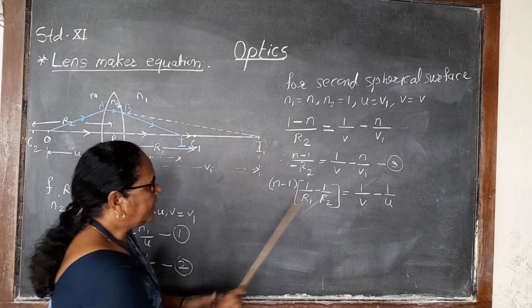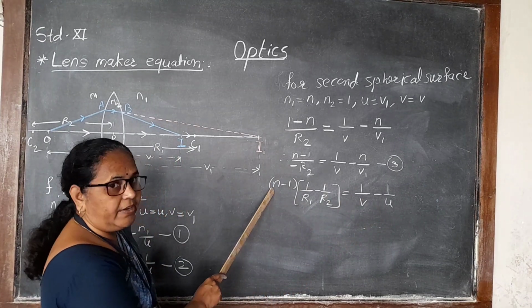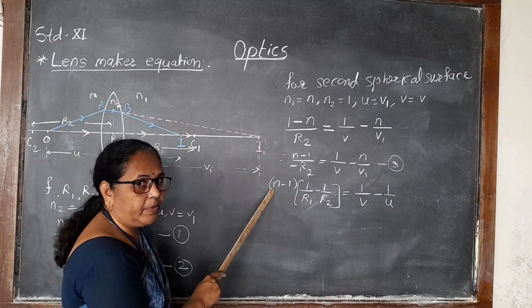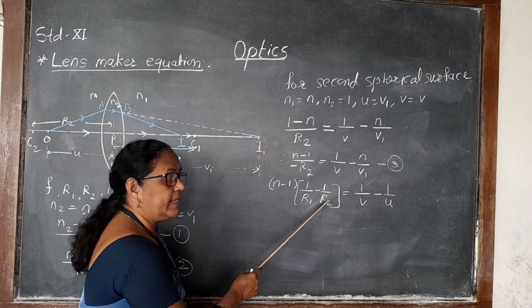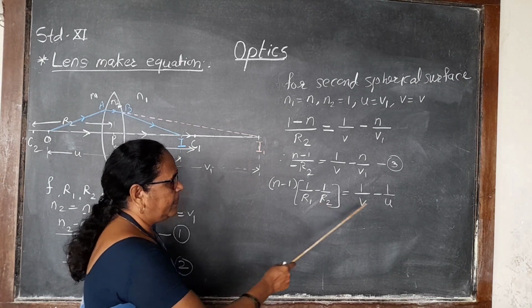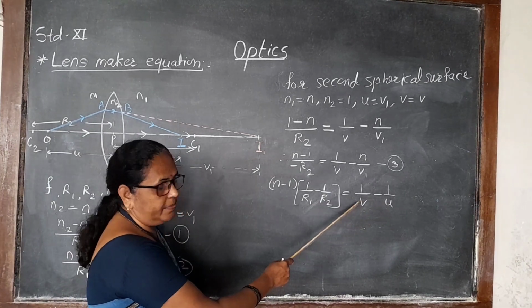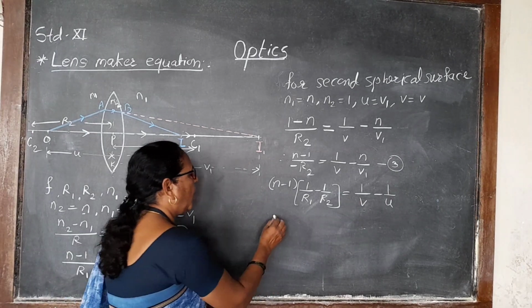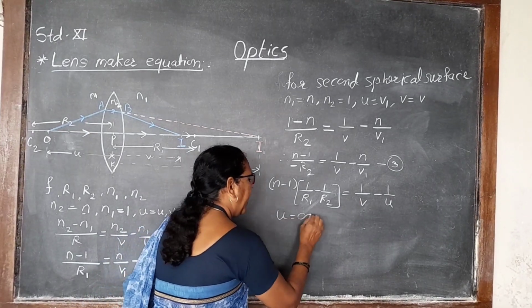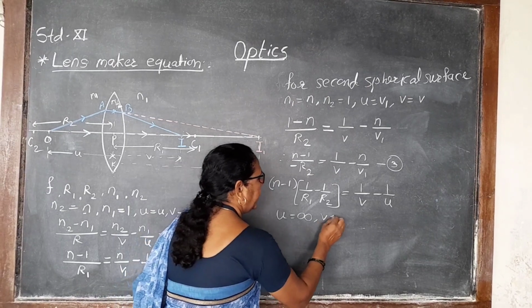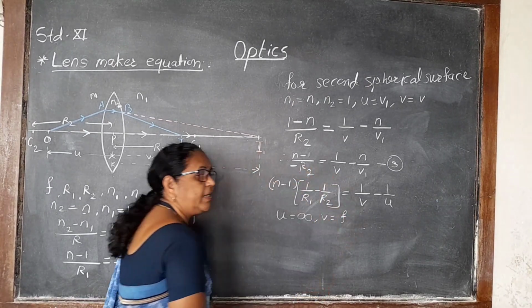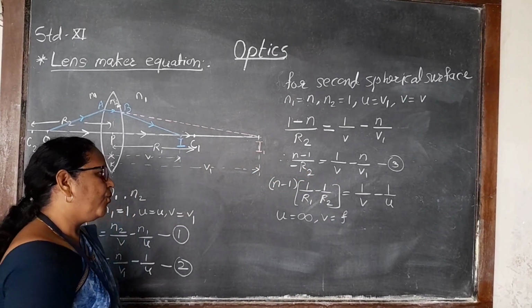So this is the equation which relates the refractive index of the medium of the lens, radius of curvature for both the spherical surfaces, object distance and image distance. If the object is at infinity, V is equal to F. That means the image is formed at the focal length.